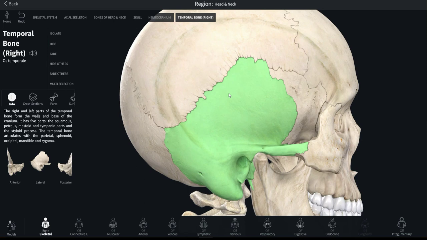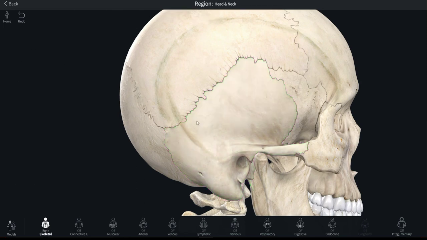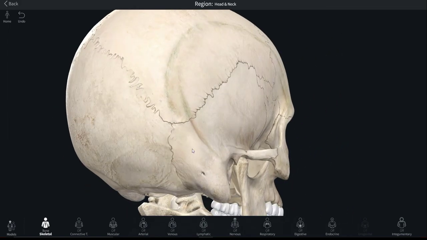See, let me get this straight for you. At the very beginning, it is related to the sphenoid. At the rest of the border, it is actually related to this temporal bone. But there is a twist here. The twist is that the temporal bone has two parts, at least from the lateral view. The anterior part is the squamous, that is this part. Whereas over here, this is what we call the mastoid part.